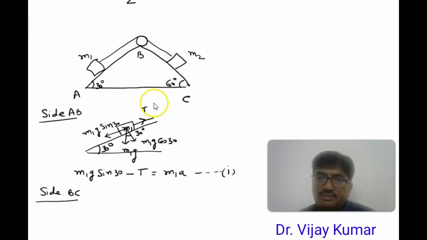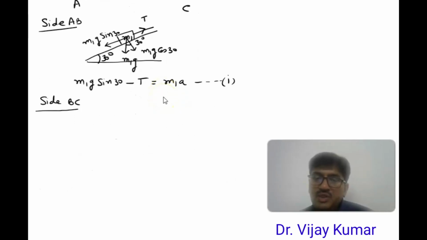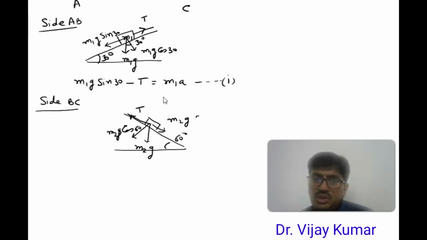In BC side, suppose this is BC side, this is a mass M2, 60 degree, M2g, tension in this direction, M2g should be M2g cos 60 and in this direction it should be M2g sin 60.